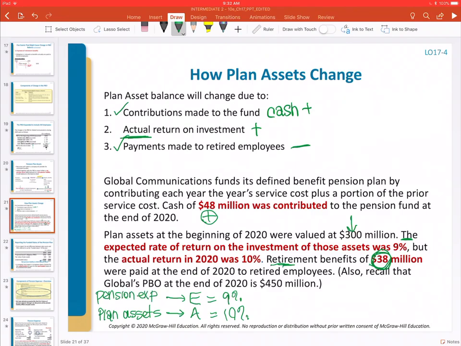The way that I try to have students remember this is that E goes with E and A goes with A. So we use actual return for the asset account. We use expected return for the expense account.